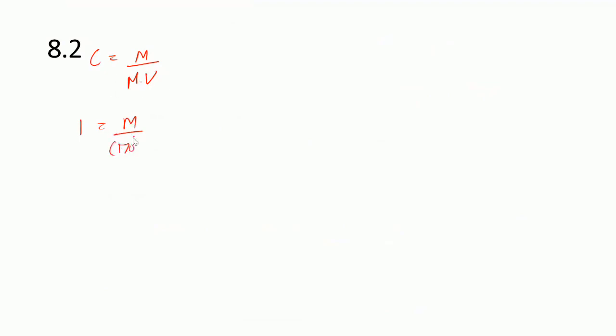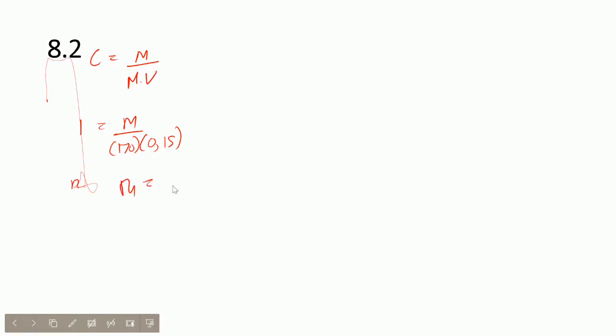I guess it's 170. Then our V is 0.15. So if we say 170 times 0.15, what does it give us? Our mass will be equal to 25.5 grams, right?